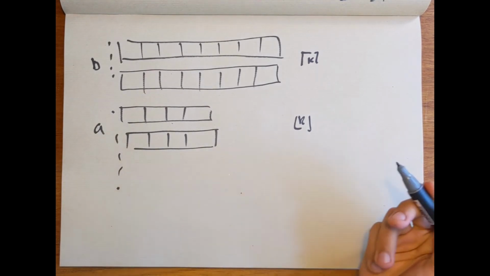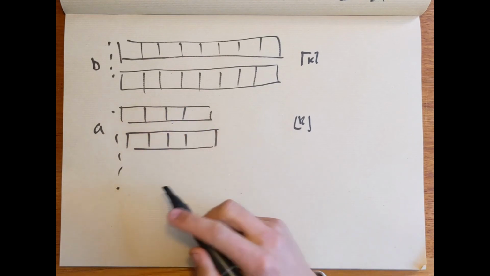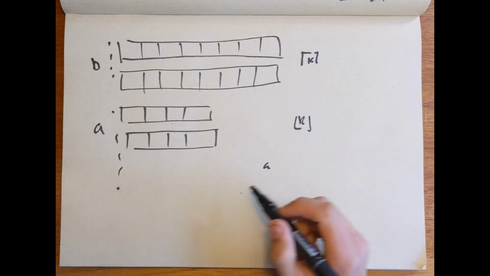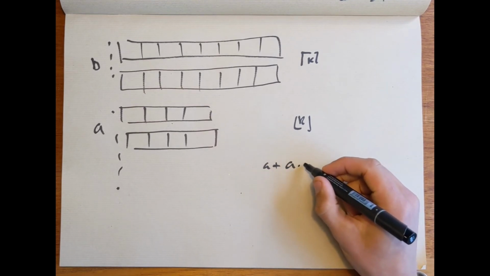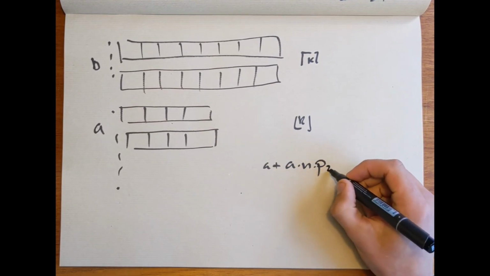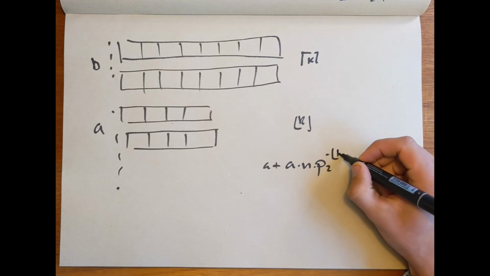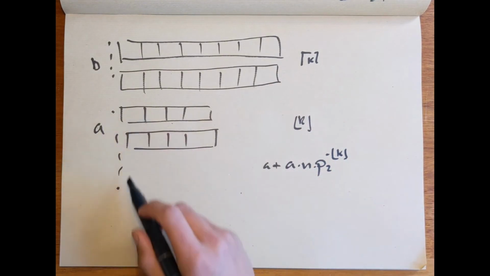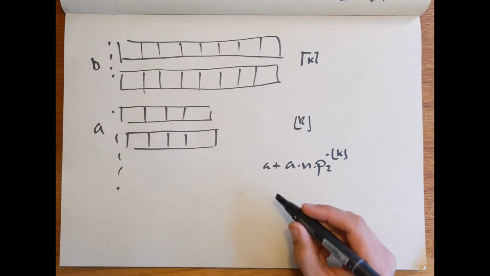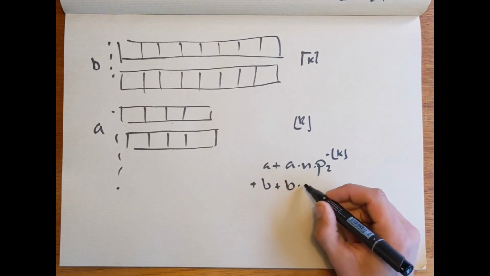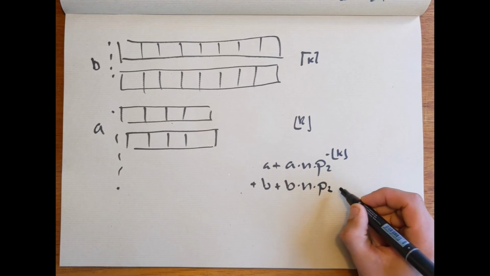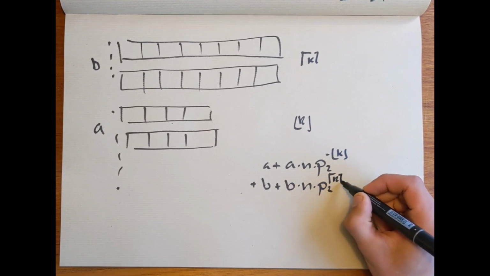If we analyze this, the amount of work we'll do is still going to be A plus A times N times p2 to the minus k rounded down from this part of the data structure, then plus B times N times p2 to the k rounded up.